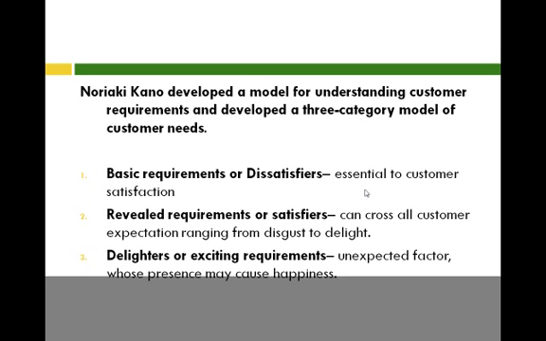So the Kano model is all about thinking through customer requirements. There's the basic requirements, the revealed requirements, and the delighters, and you have to have a true understanding of what they are. And then you should also make sure you measure what those are. You keep track of data associated with them.